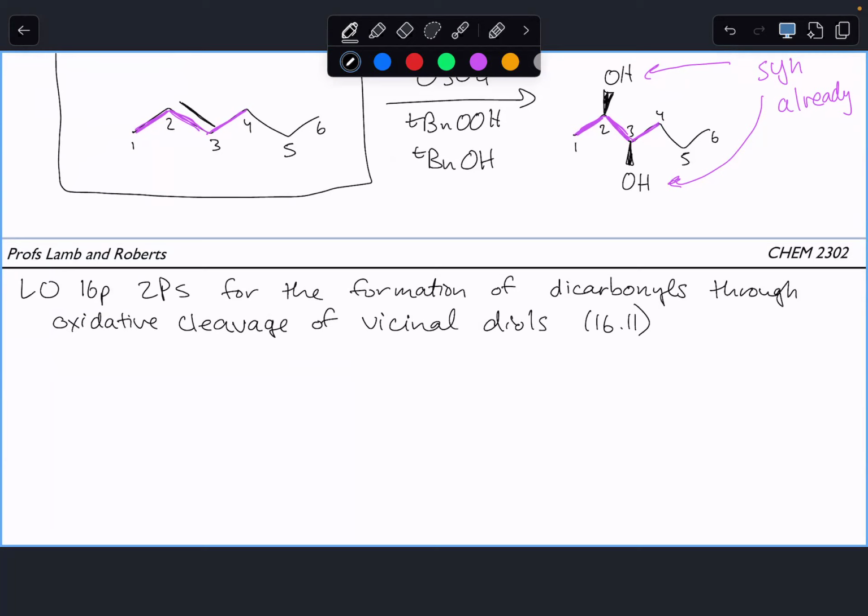So if we take the example that we made from this ring, using that osmium tetroxide, we could have made this vicinal diol here. Okay, I'm going to number my carbons so we don't lose carbons.